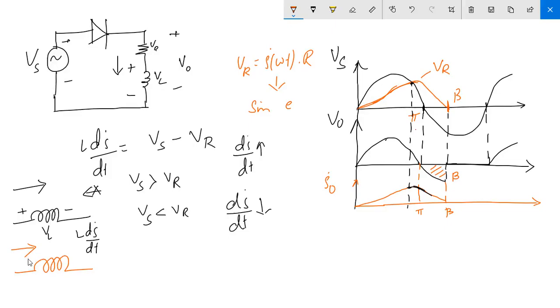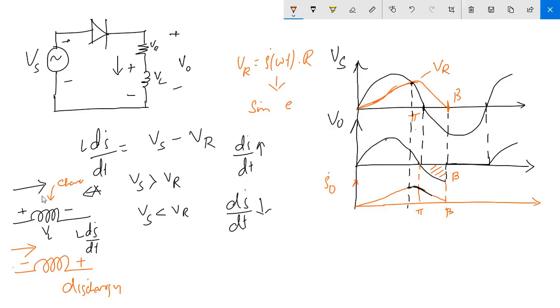So the current will never change direction, but the polarity changes. This is the charging cycle, and this is the discharging. The current direction does not change, but the polarity does change.